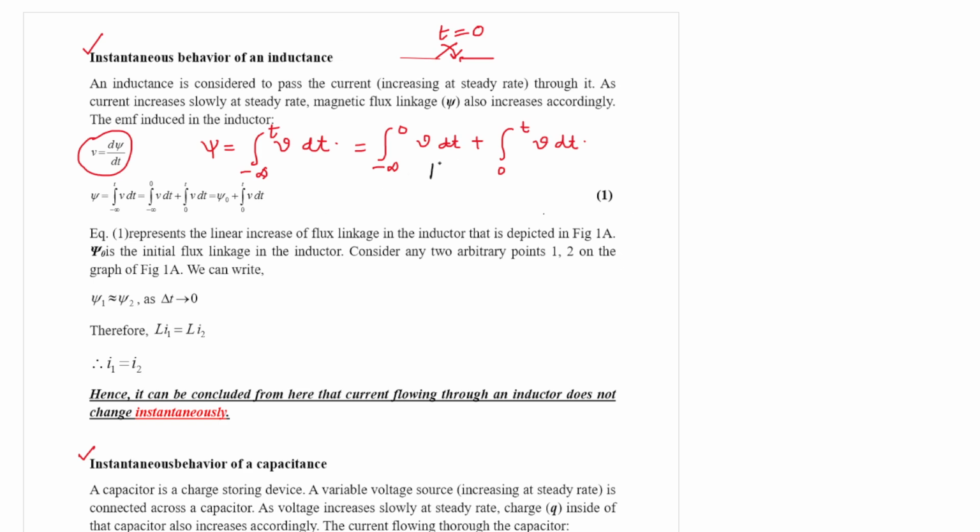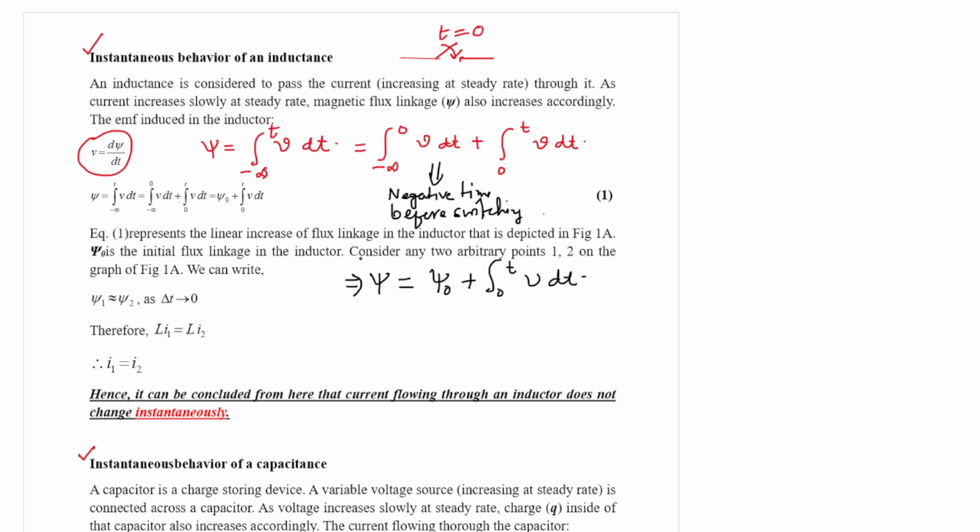That is, integration from minus infinity to 0 means it's the negative time. Now, what is negative time? Negative time means it is before switching. And after switching, this is the expression, 0 to t, V dt. So if we write this expression, the flux linkage psi will be equal to psi 0 plus integration 0 to t of V into dt.